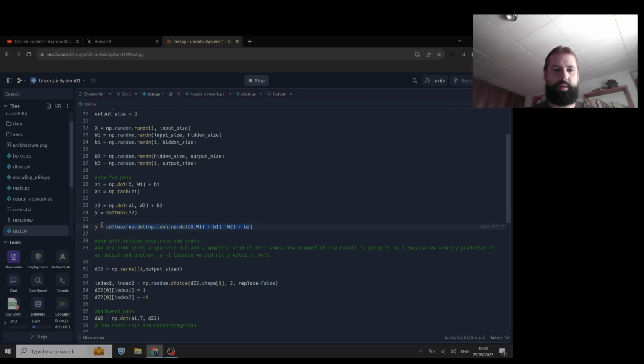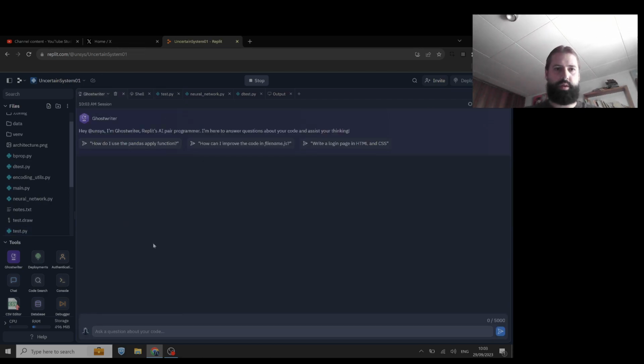So we have this output function, or this neural network, where W1, W2 are the weights of the two layers.